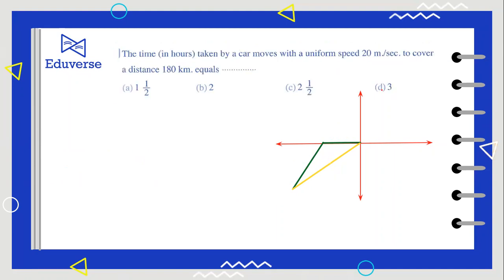Next one. The time in hours. I want to find the time in hours taken by a car moving with a uniform speed of 20 meters per second to cover a distance of 180 kilometers. Firstly, I must convert 20 meters per second to kilometers per hour.